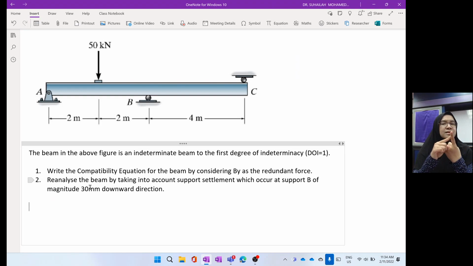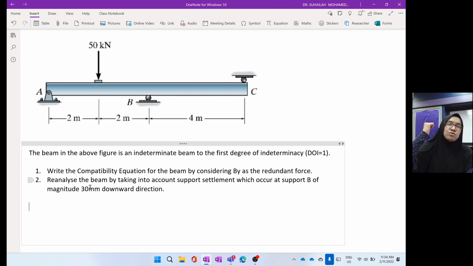And this redundant, we can determine using compatibility equation. So that is the goal, the final. Reaction there are 4. 3 can be determined using equilibrium equation. 1 cannot.